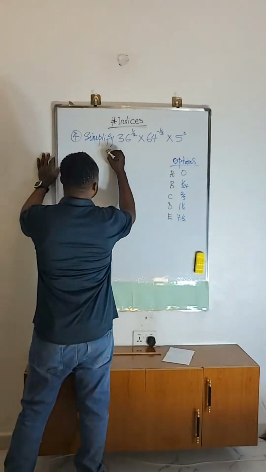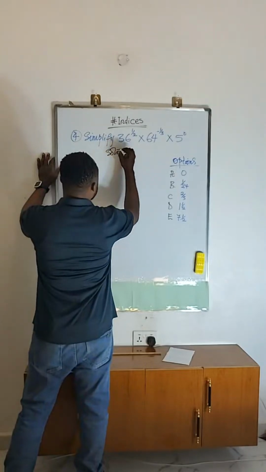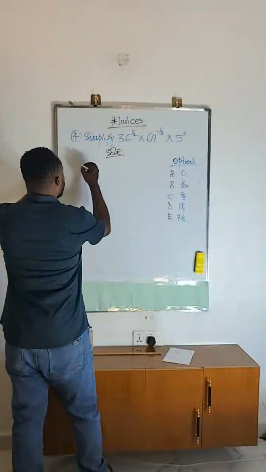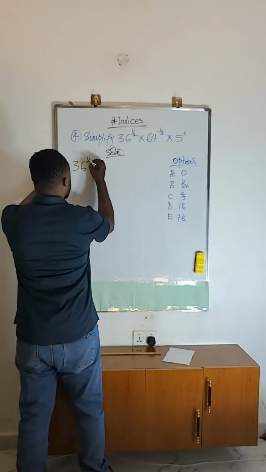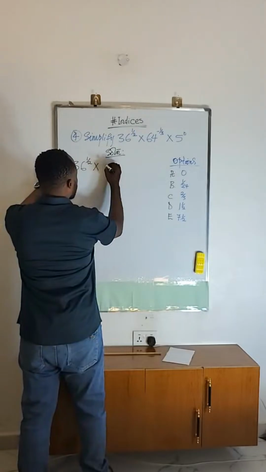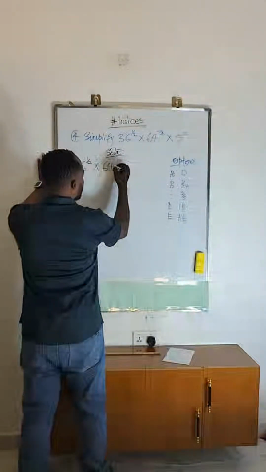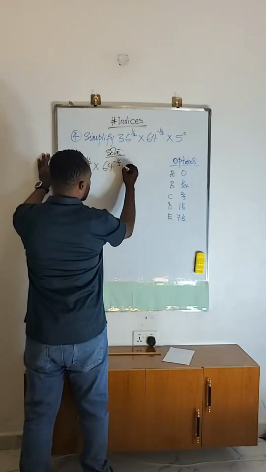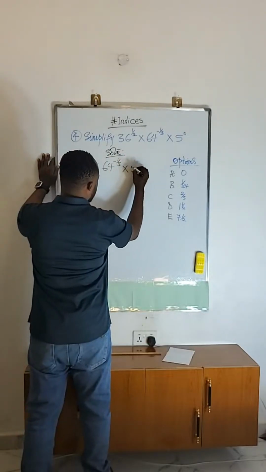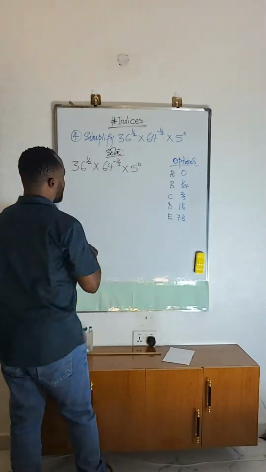Let's see. You have the solution. And then we bring the question: 36 raised to the power of 1 over 2 multiplied by 64 raised to the power of minus 1 over 3 and then multiplied by 5 raised to the power of 0.